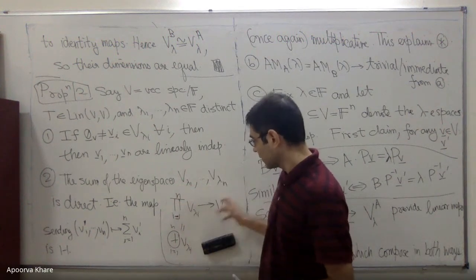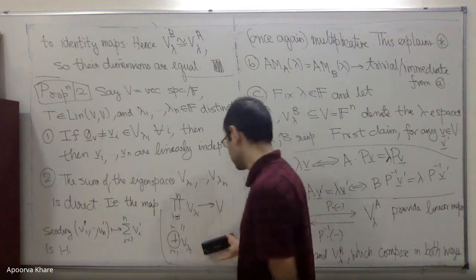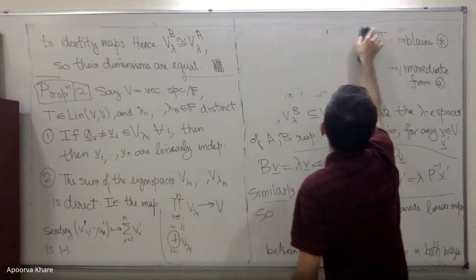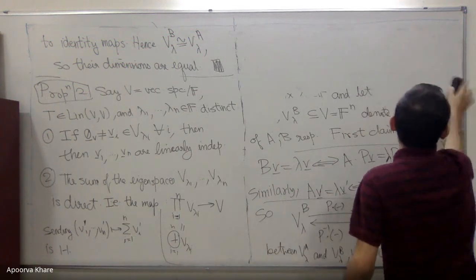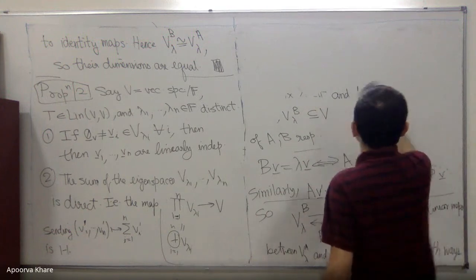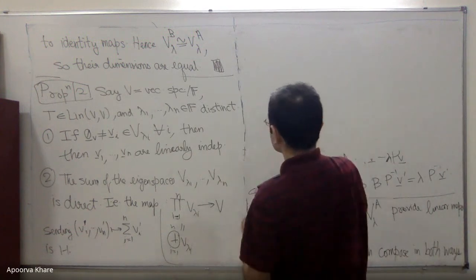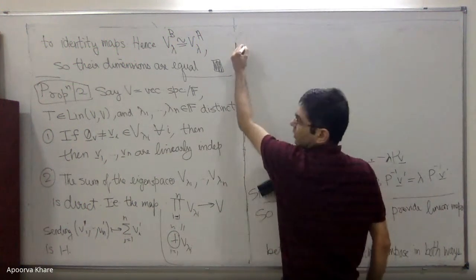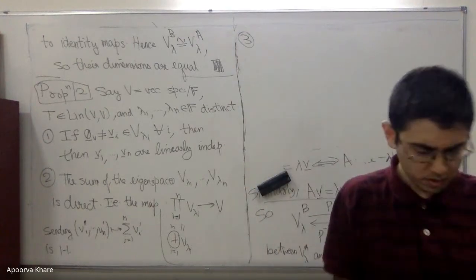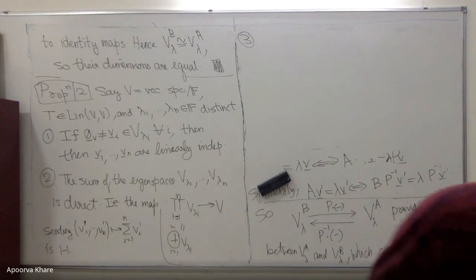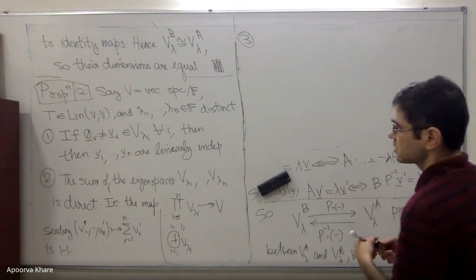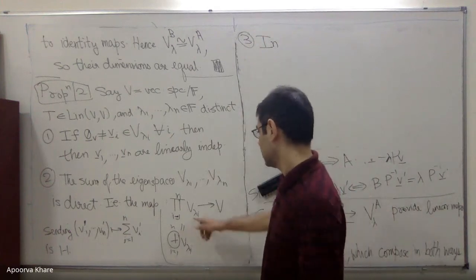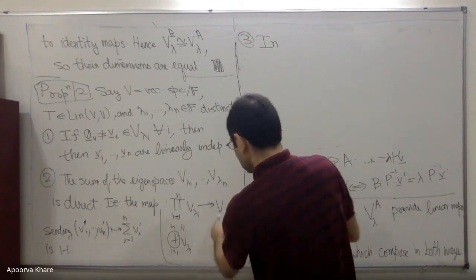Then if you look at the direct sum inside V, the dimension equals the sum of the dimensions. So what is the image of this map?